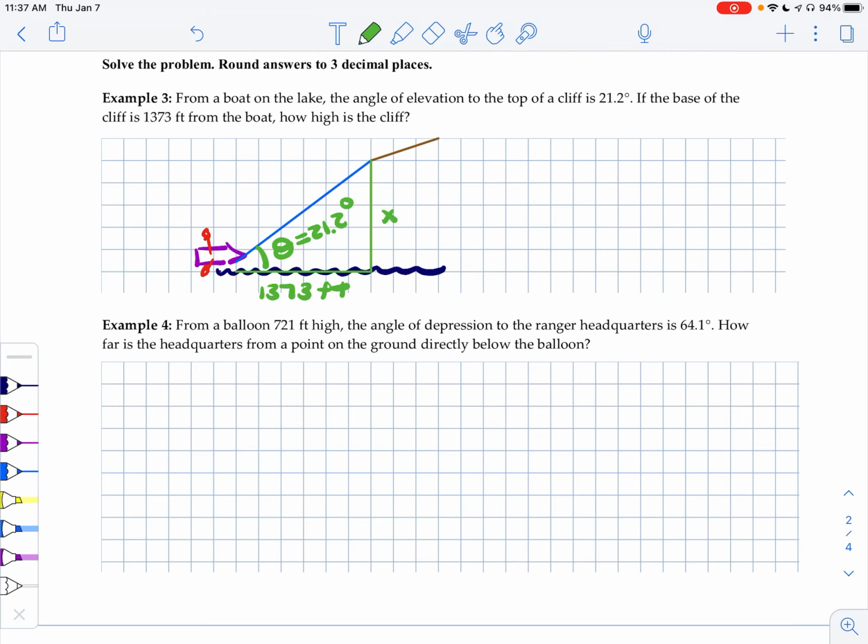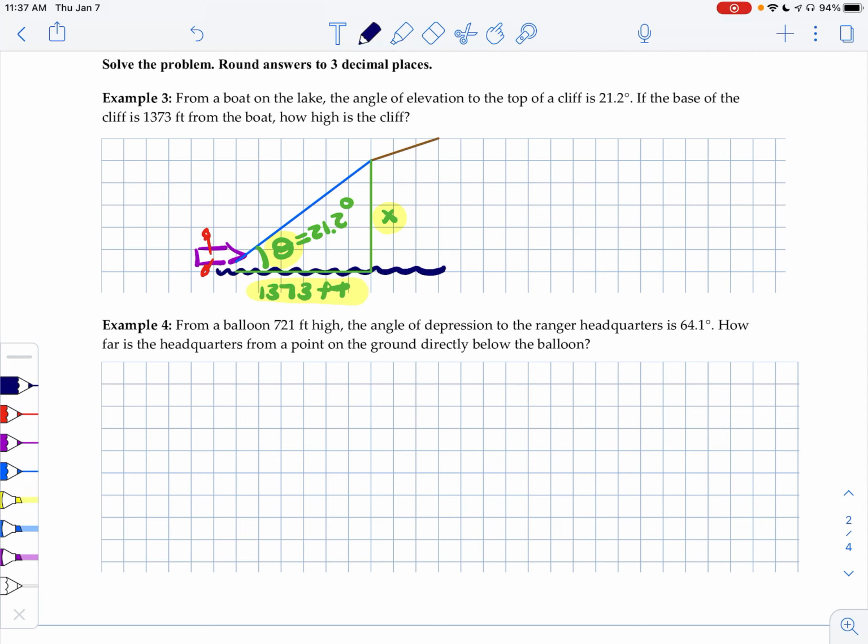This is where our trig functions come in. If we're thinking about this angle theta right here, we have our adjacent side, and we want the opposite side. The trig function that relates the opposite and the adjacent side is our tangent function.